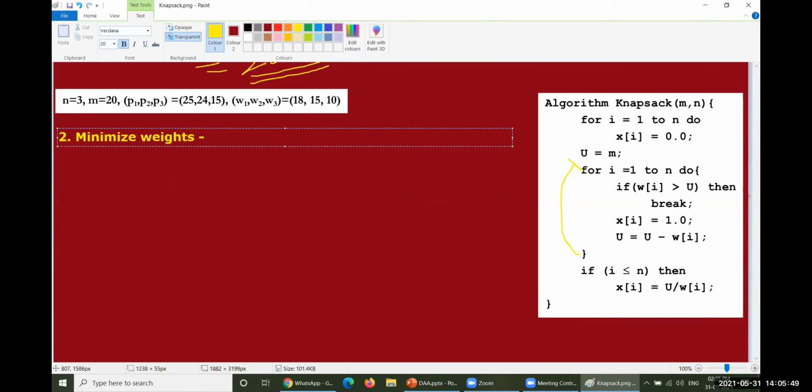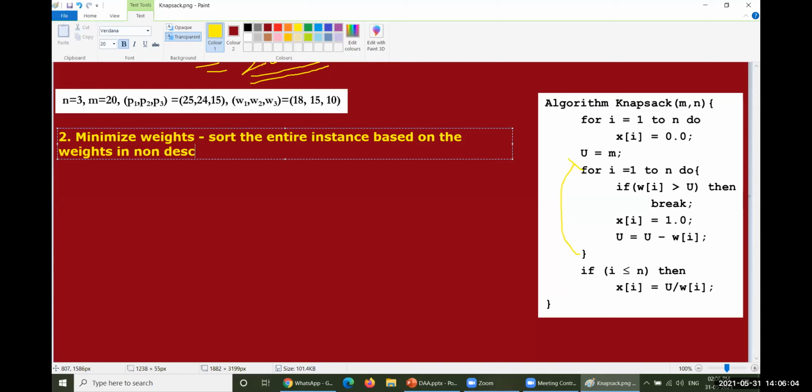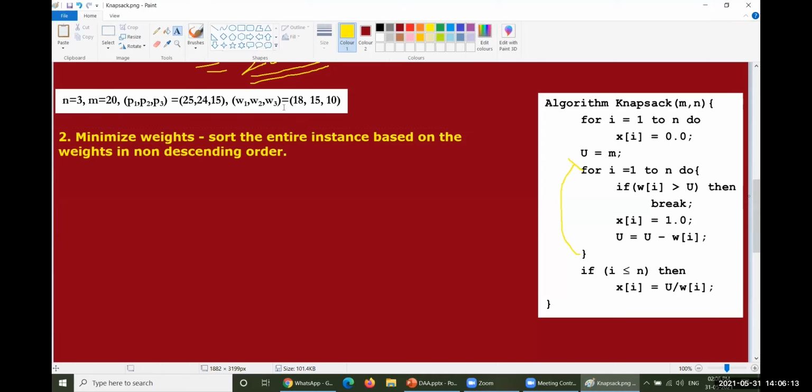So sort the entire instance based on the weights in non-descending order.